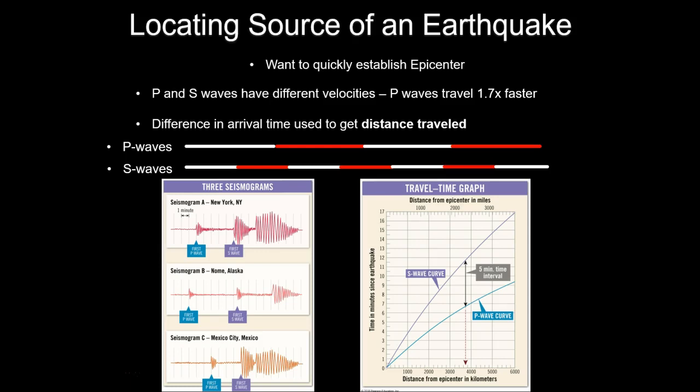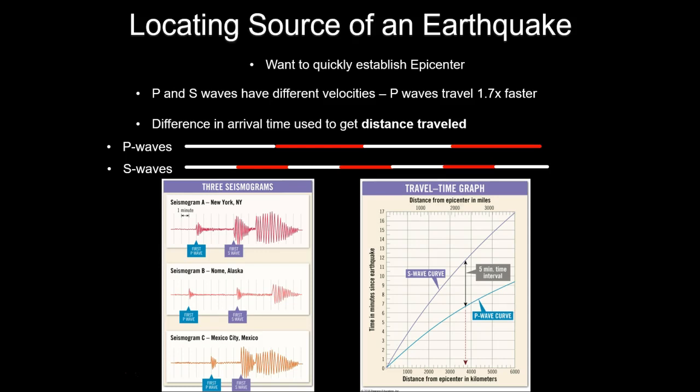It's going to be a little bit smaller difference in time in the seismogram from New York, and it's going to be the shortest in time at the Mexico City seismogram. So the earthquake must have been closest to Mexico City, then to New York, and then to Nome, Alaska.